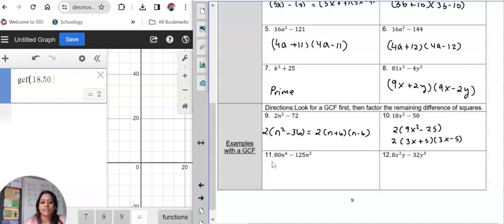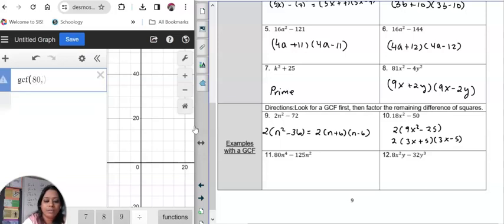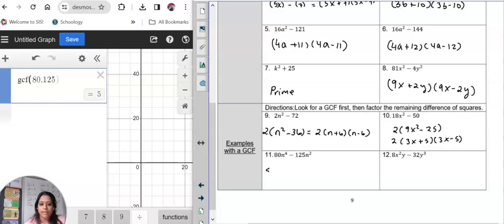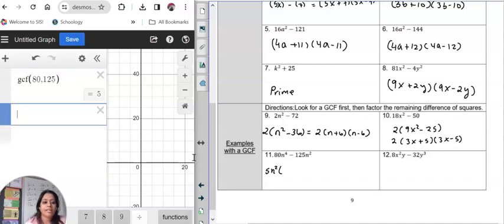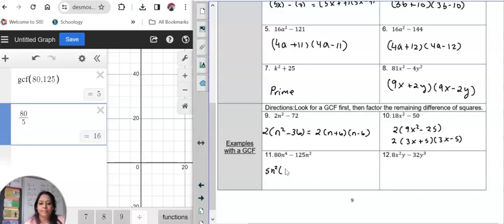I'll just finish the last two here. The GCF between 80 and 125, let's see, is 5. Also, if you look at the variables, n to the fourth and n to the second, so the most I can take out is n to the second, okay, from both of my terms. So 80 divided by 5 is 16.